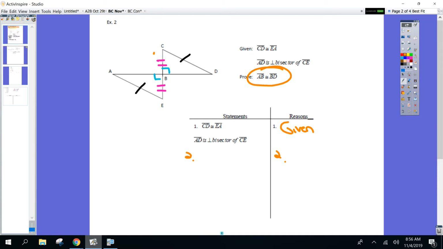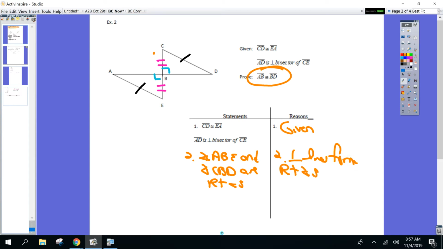So instead of saying the right triangles first, let's say angle. There you go. Angle ABE and angle CBD are right angles. Got a reason for me there, Charlotte? Yep, perfect. There we go.